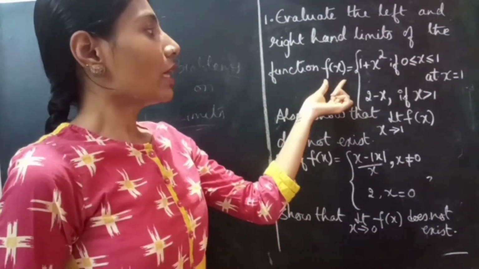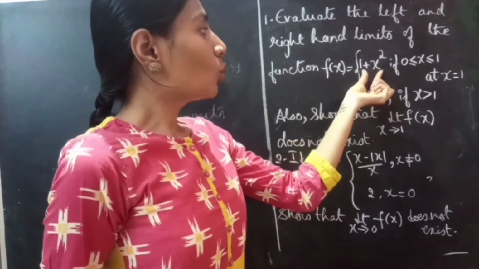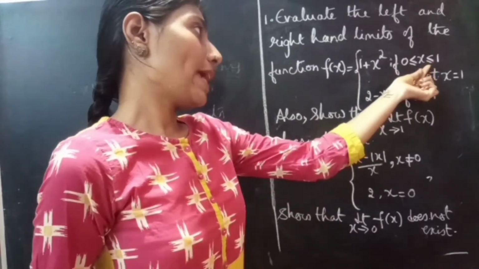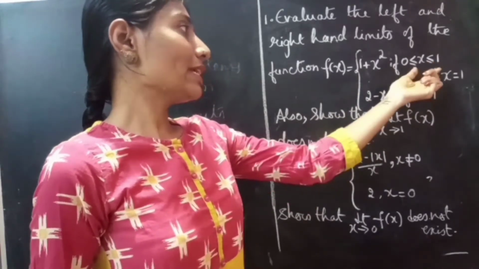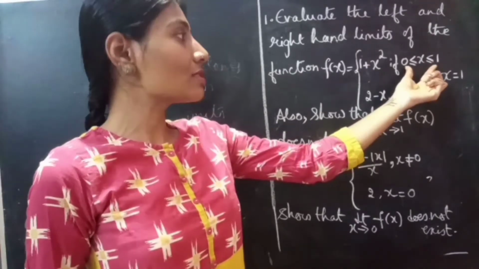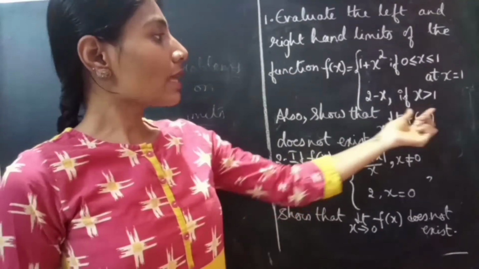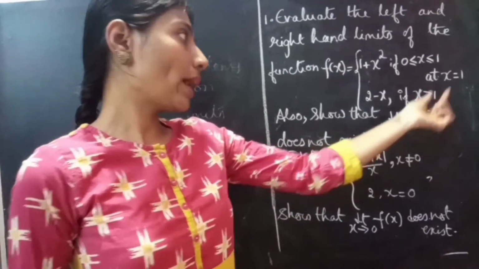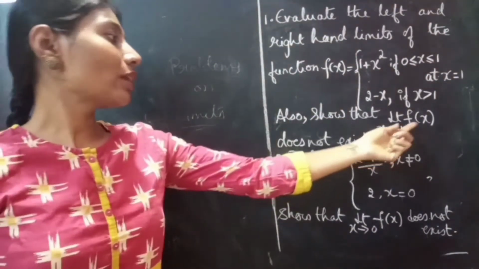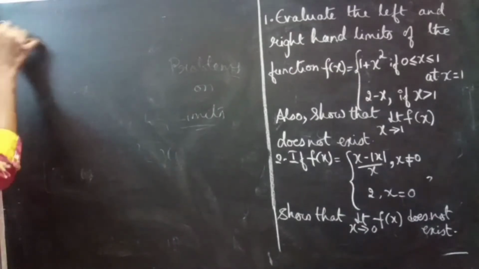They have given the function f of x equals 1 plus x square if 0 is less than or equal to x is less than or equal to 1, that is when x lies between 0 and 1 including 0 and 1. And f of x equals 2 minus x if x is greater than 1. At x equals 1, also show that limit x tends to 1 f of x does not exist. Solution.